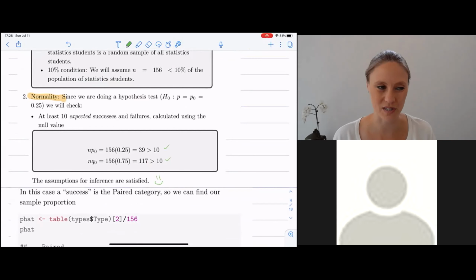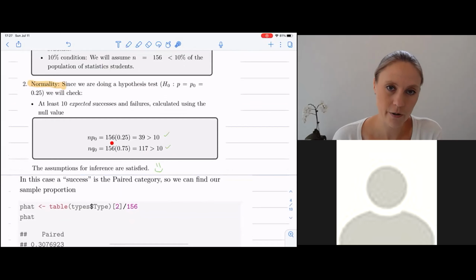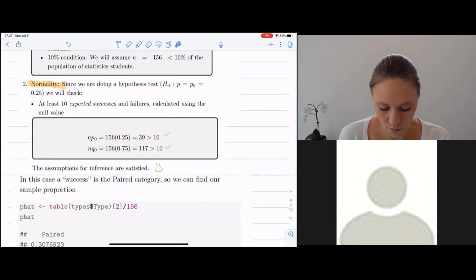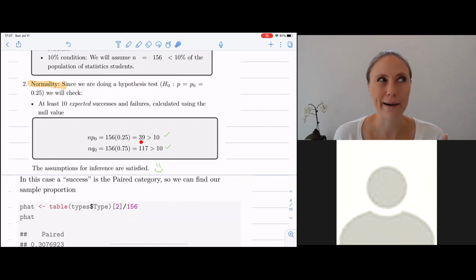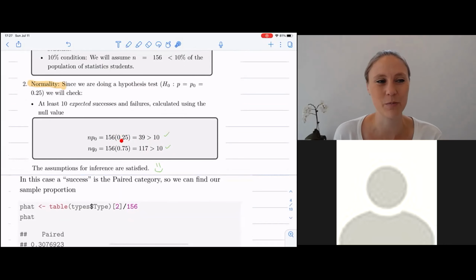But again, we still have to check them. Notice here, 156 is our sample size, so it's n times p naught. Notice that it having to be greater than 10 means that we need to be able to detect at least 10 successes. What that's making sure isn't happening is that we're not checking for a tiny, tiny proportion.